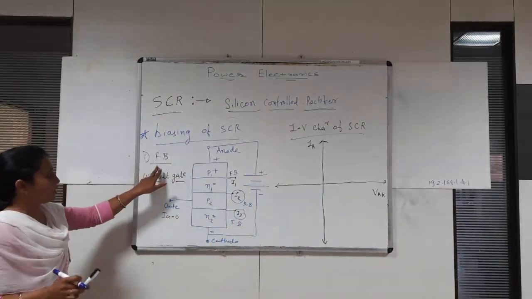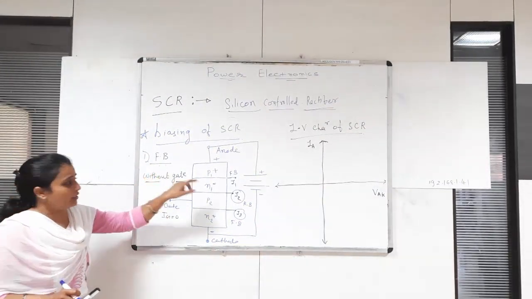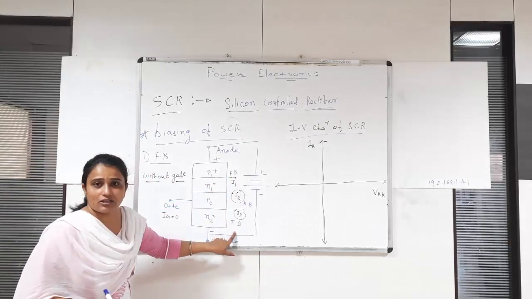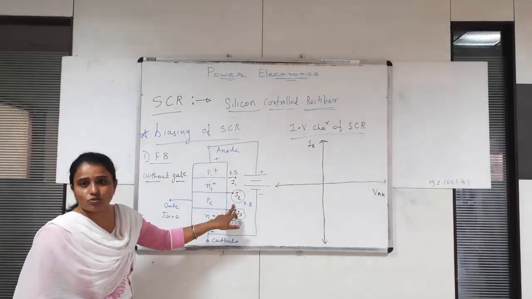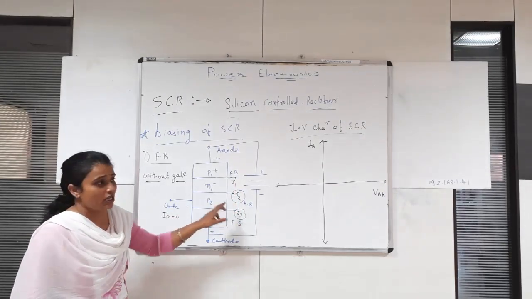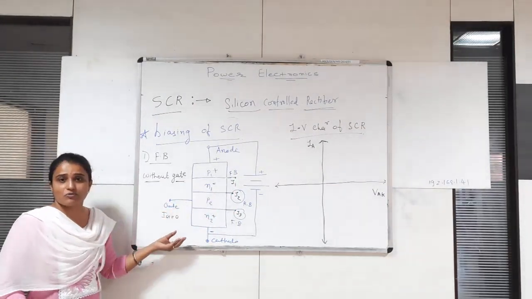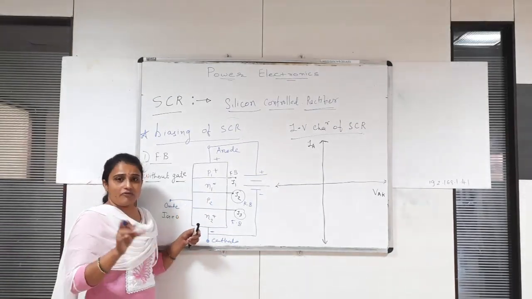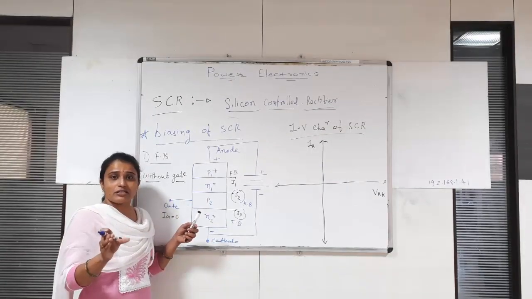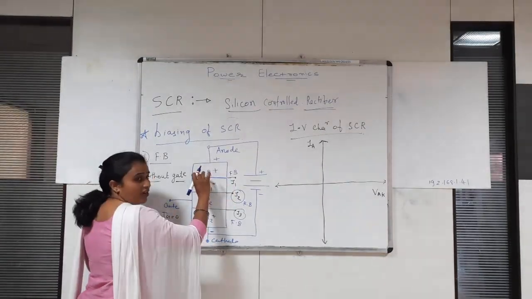So if the biasing we apply to the SCR is forward biasing, junctions J1 and J3 both act as forward biased, but only junction J2 acts as reverse biased. Now what happens when junctions work in forward bias and reverse bias? As we know, when a device is connected in forward biasing, the depletion region becomes very small.